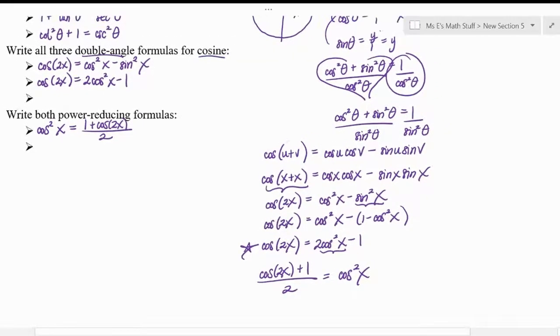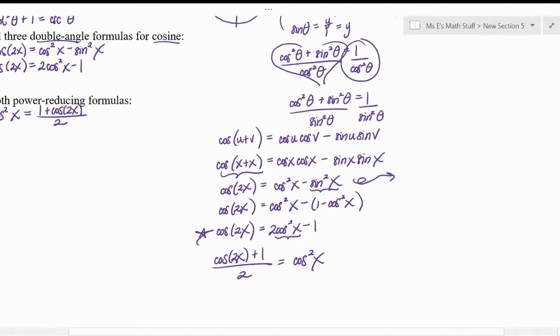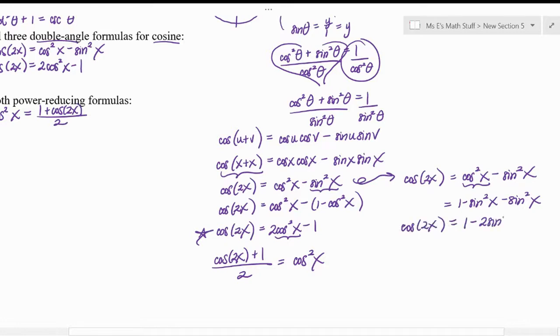All right, let's go back to the double angle formula for cosine in terms of sine. That would be a direct ripoff of this double angle formula, so I'm just going to copy it. Let's say you want this to be all in terms of sine. You could swap cosine squared out for 1 minus sine squared. Bring the rest down, and you'd end up with cosine of 2x is equivalent to 1 minus 2 sine squared x. And then we just have to solve for sine squared.